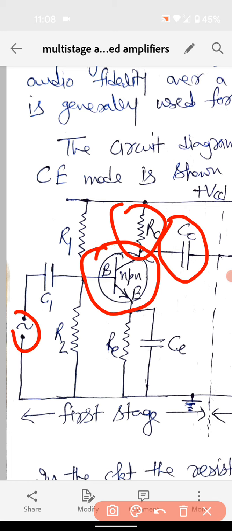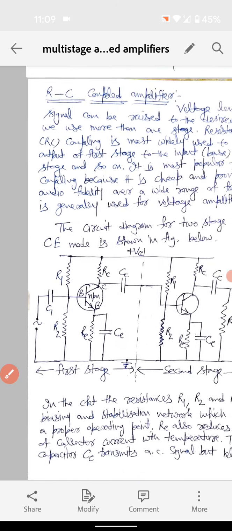So this is our circuit, and as I told you, we just need to repeat this diagram in the second stage, and that will become our second stage.